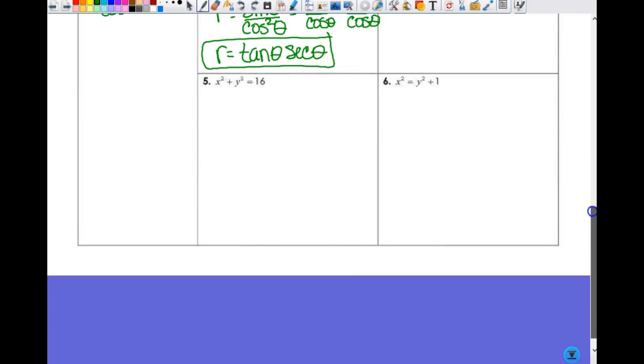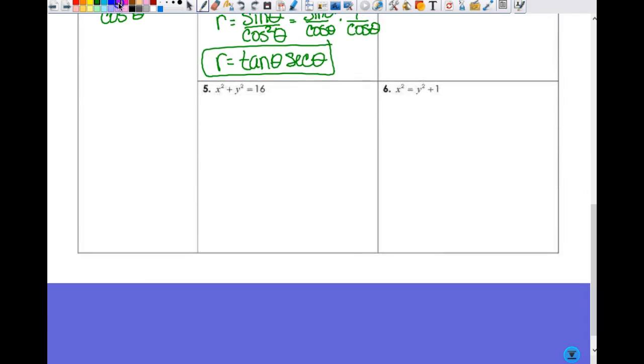On number 5, I'm going to substitute in for x: r cosine theta squared, plus r sine theta squared equals 16. Now, if I graph this in the rectangular coordinate system, can anybody tell me what that's supposed to be?